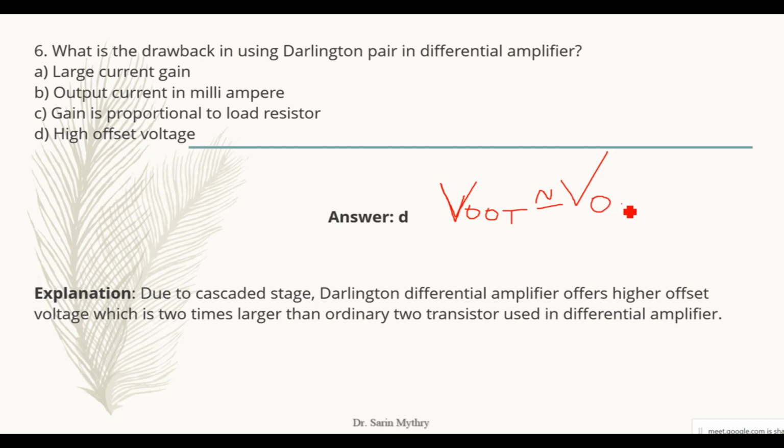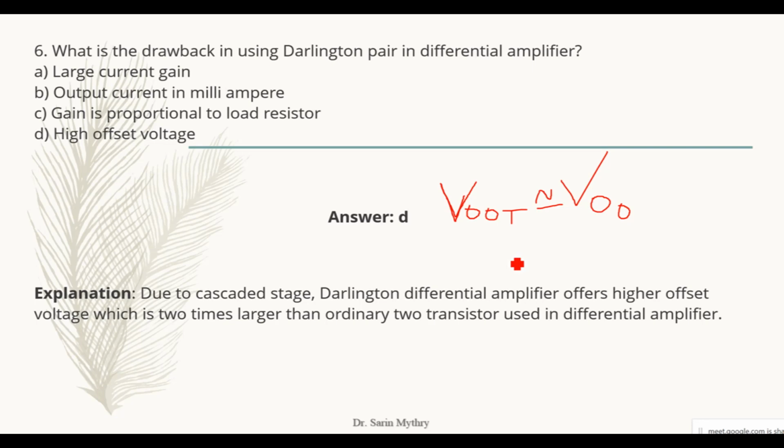What is this output offset voltage? Even though you do not supply any input to the amplifier, it is producing some output. That output is called an offset voltage. Since it is obtained at the output, we call it an output offset voltage. If you find the total offset voltage at the output, we call it VOOT, the total output offset voltage.